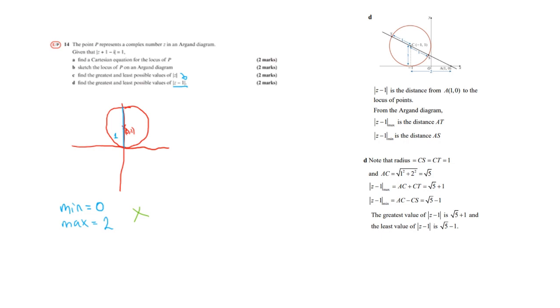So that's a fairly easy fix, and then you would get the answer of root 5 plus 1 and root 5 minus 1. So if you got that, then well done. Yeah, and then we'll move on to the next one.